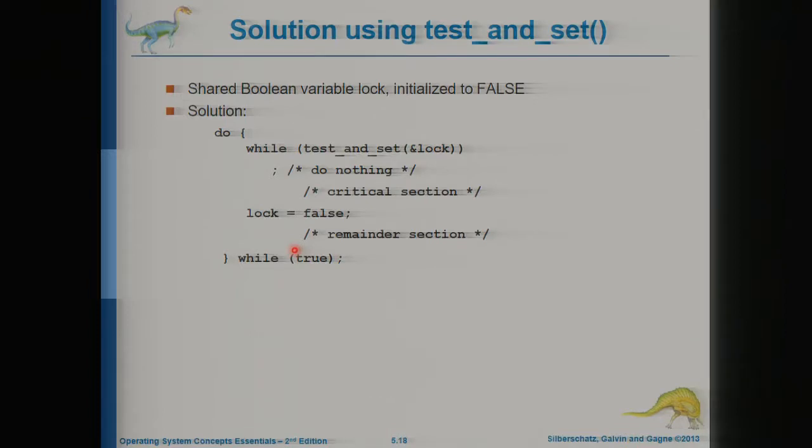When the lock value becomes false, if P1 had made the lock true and then P1 sets the lock to false, any process other than P1 can make the lock true again, execute this, and come to the critical section. Did you all get it? I hope you all have got it. So this is how test and set works.